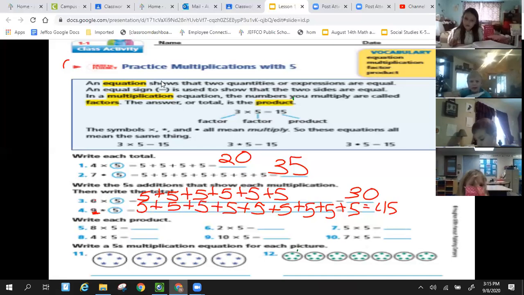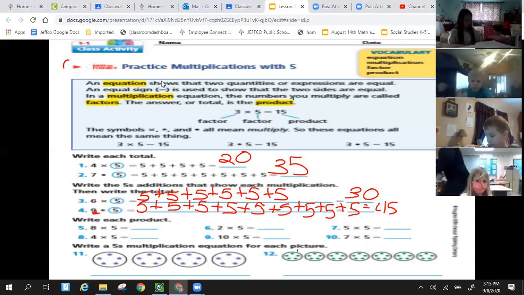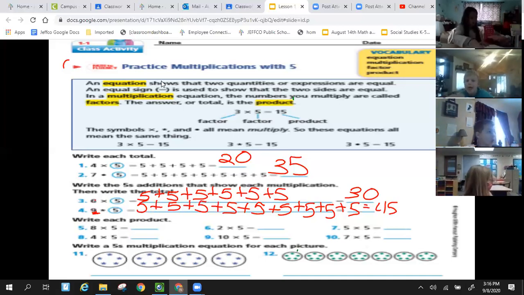So remember, you can use your chart or you can use your fingers. Can you say what 4 times 5 is?